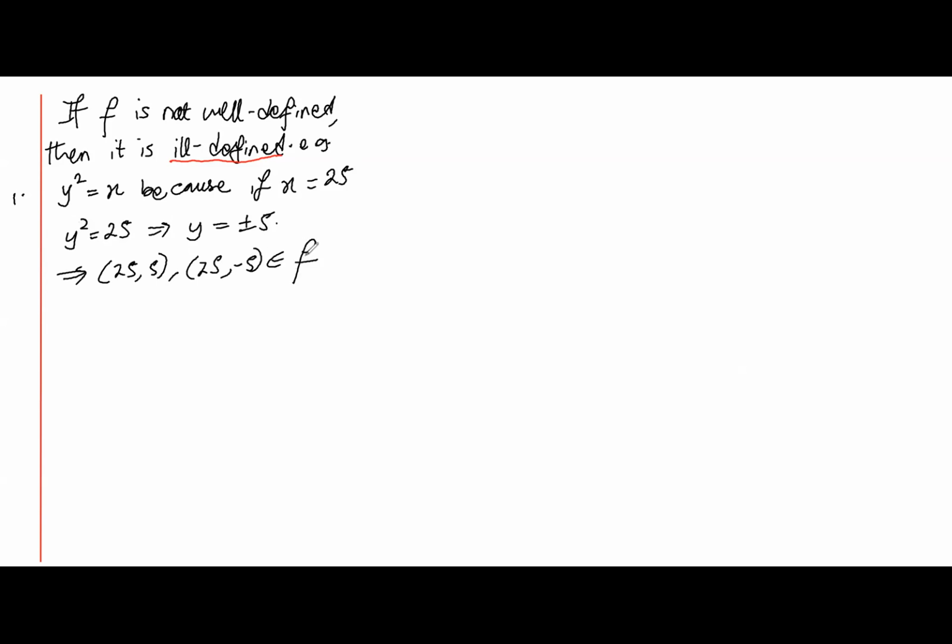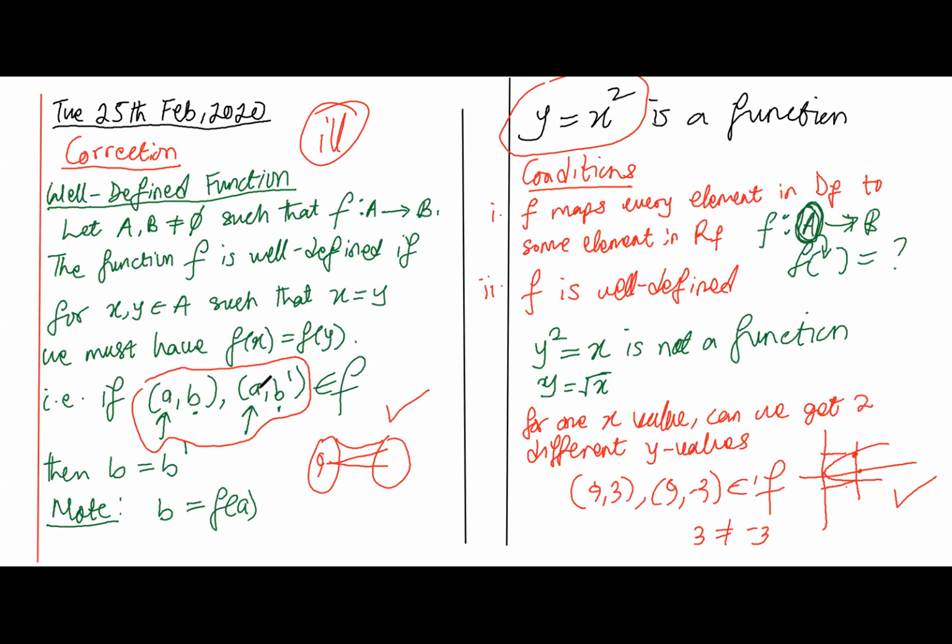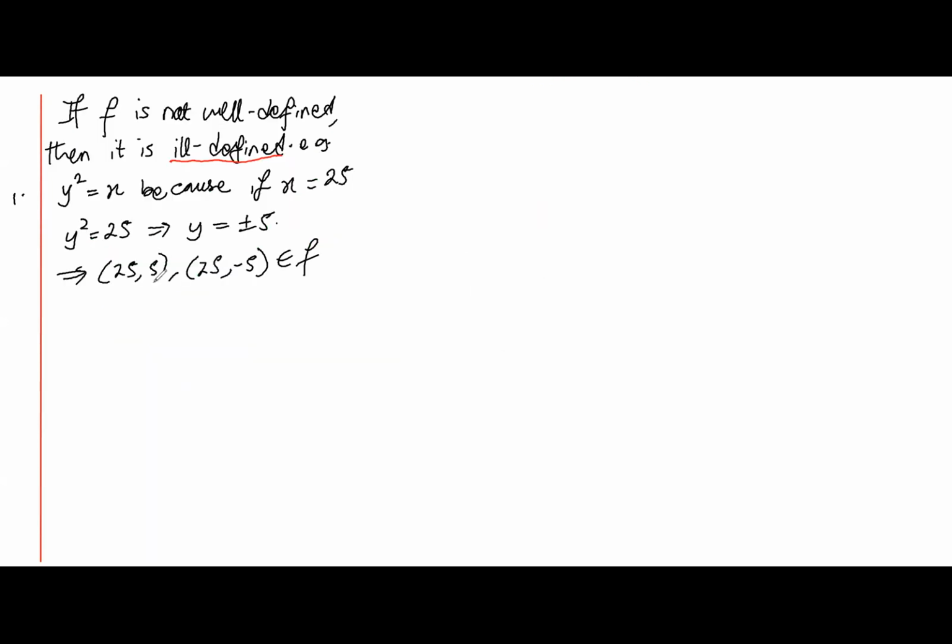So this means it is not well defined. And remember the definition of well defined. Whenever you have the first point to be the same, the second point must be the same. And in this case, the first points are the same, but the second are not the same.